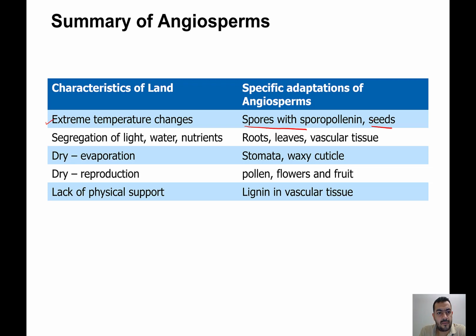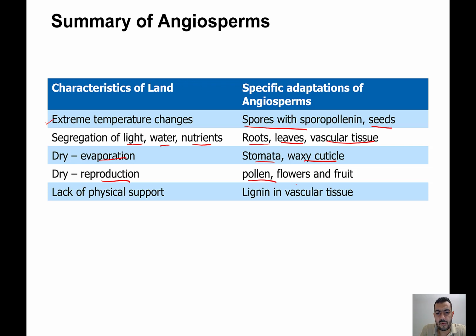So after that we have the problem of segregation of light, water and nutrients. By having roots, leaves and vascular tissue, they have adapted to that problem. The problem of evaporation is solved by having the stomata and waxy cuticle. For the problem of reproduction, now they have pollen grain, so they don't depend on flagellated sperms, because pollen can be carried by the wind or insects.